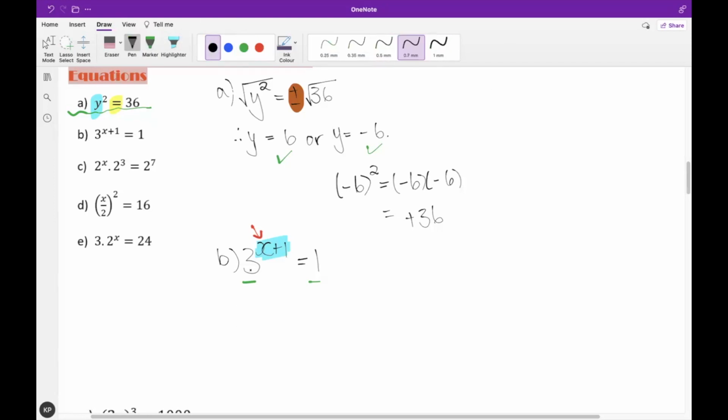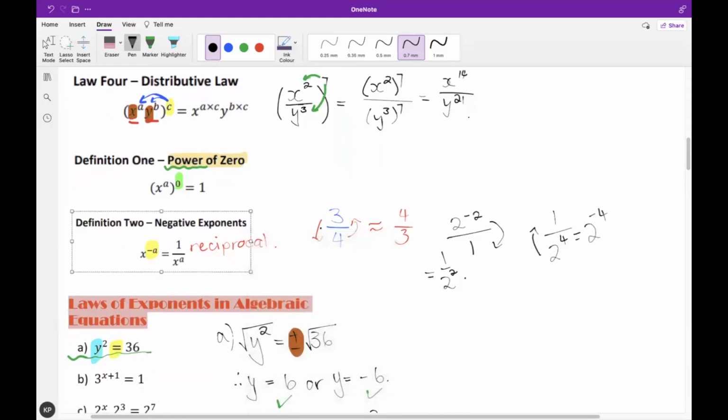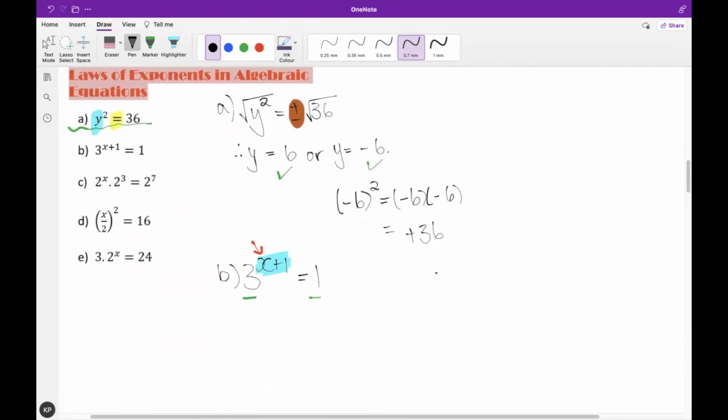Do you remember my definition, the power of 0 says anything to the power of 0 is 1. Therefore, I can then say, if I have a 1, that this can be rewritten as 3 to the power of 0. Beautiful, Butlale and Seth. You guys are doing wonderful teamwork in the chat there.